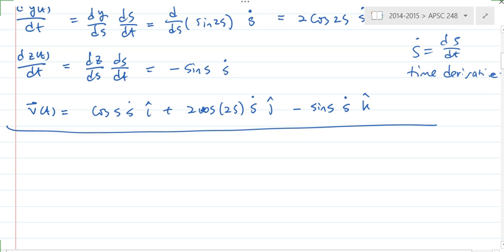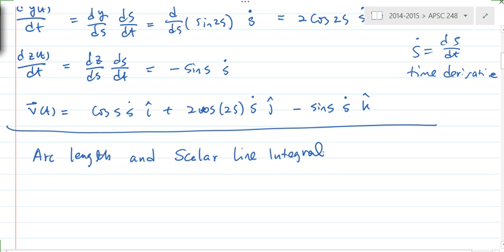So now let's continue and look at a new concept. So we look at the so-called arc length, and a new concept called scalar line integral.